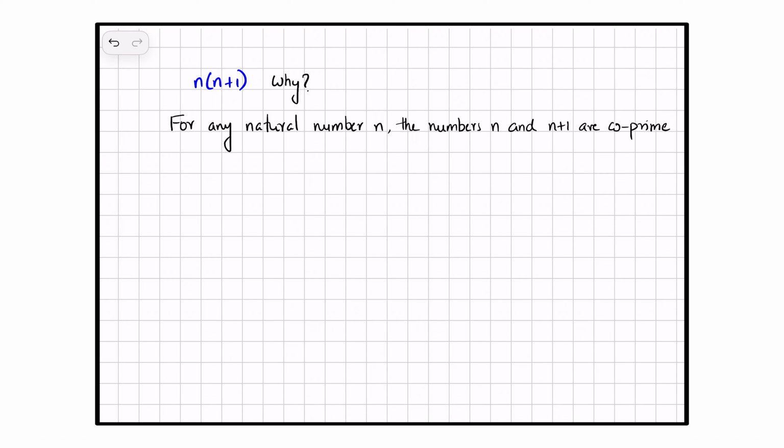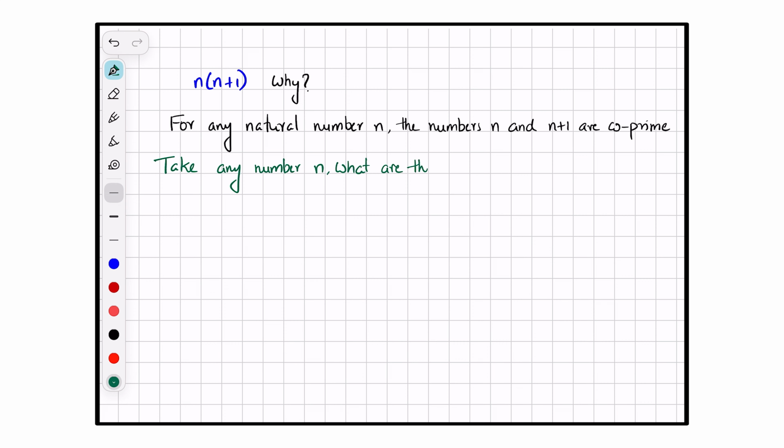You take any number, okay? Take any number. What are the smallest factors possible for it? The smallest factors could be 1, okay? It can be 2. We don't know the number n, but it can be 2. It can be 3, okay? And the next prime number is 5, okay?